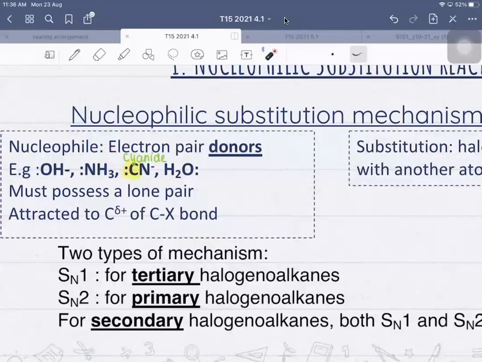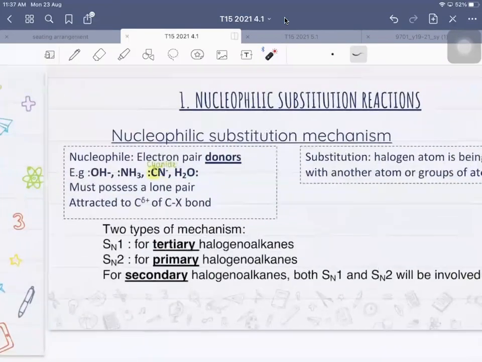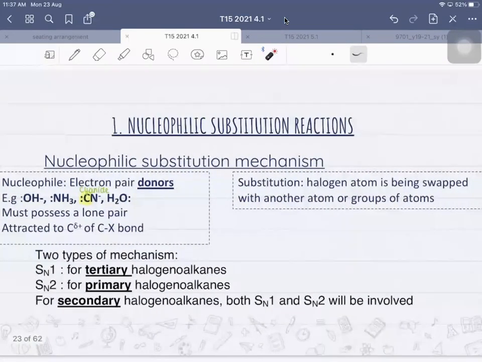Same thing, if oxygen in H2O is donating a pair of electrons, the new bond will be formed between the oxygen and whatever atom it is donating the electron pair to. Substitution: the halogen atom is being swapped with another atom or group of atoms.